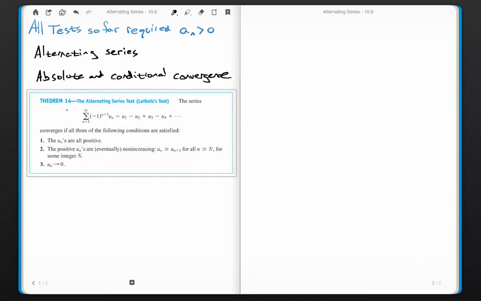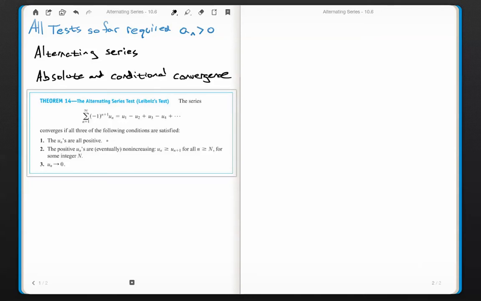It says the series, which is the sum from n equals 1 to infinity of negative 1 to the n plus 1, so it starts at 2, which makes it positive, of u sub n, equals u sub 1 minus u sub 2 plus u sub 3 minus u sub 4 plus dot dot dot, converges if all three of the following conditions are satisfied. And these are all three very important.